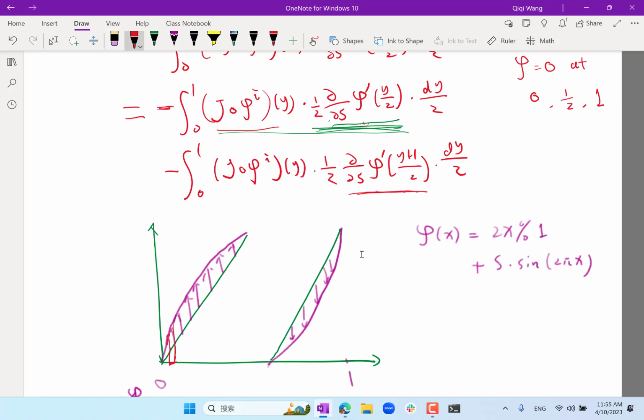Right? So if I'm decreasing the density here, after two maps, I'm also decreasing the density over there, right? I'm also decreasing the density at y and phi of y and phi squared of y, etc. There is a chain of events that decreases the density of all the subsequent mapped locations.